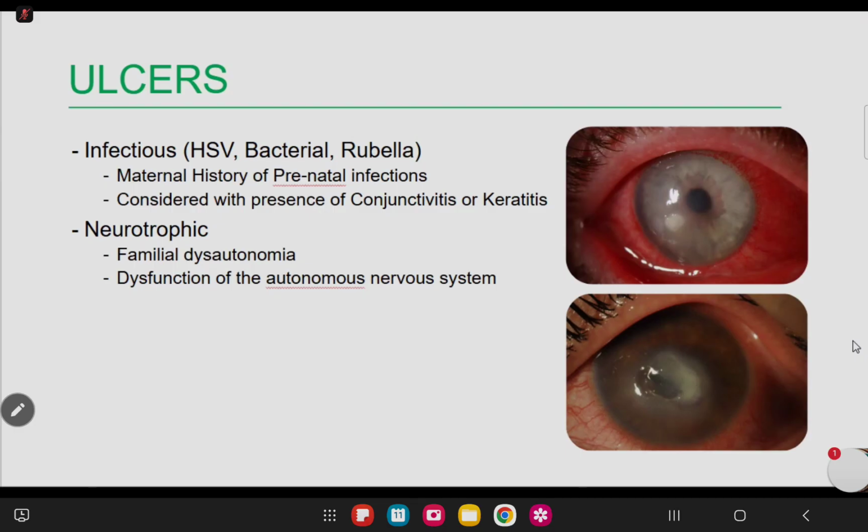So there's dysfunction, and your cornea is ideally highly supplied by nerves. Your cornea is very sensitive, it's the most sensitive part of the eye since it's full of nerve endings. So if there would be dysfunction, there would be impaired blinking reflex, so impaired healing also. So there would be ulcer formation from that.